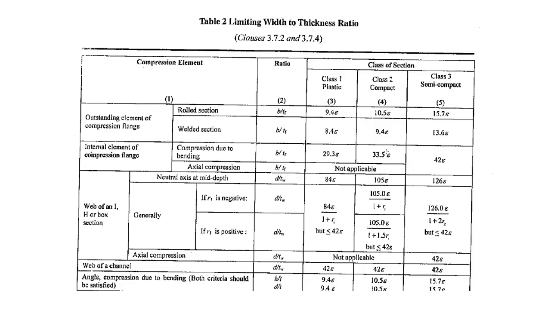Similarly for the compact section, and for both cases, semi-compact section. And in axial compression cases, there won't be any application of plastic sections and compact sections. But if you are assuming a semi-compact section, if the ratio is 42 epsilon, then the section will be decided as a semi-compact section.